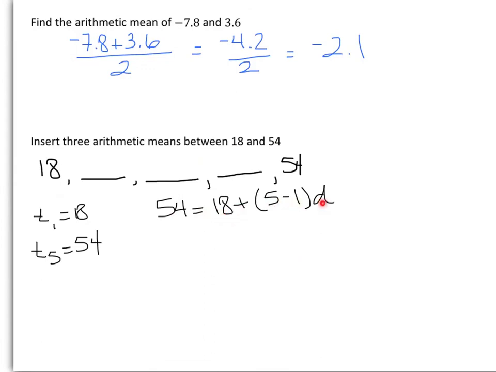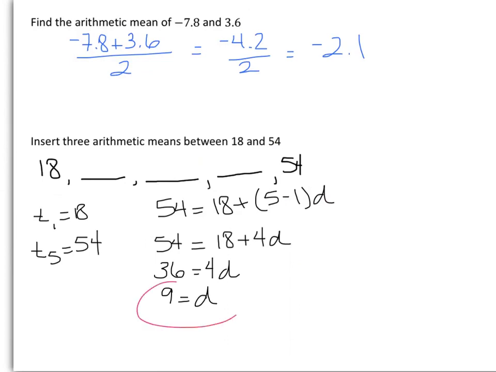And now all I have to do is solve for d. This is 54 is equal to 18 plus 4d. When I subtract 18 from both sides, I get 36 is equal to 4d. So d is then equal to 9.